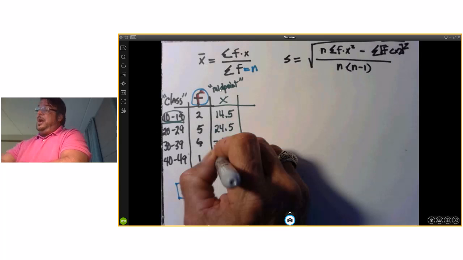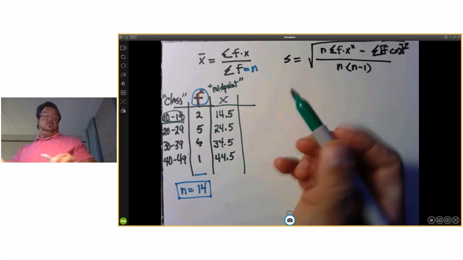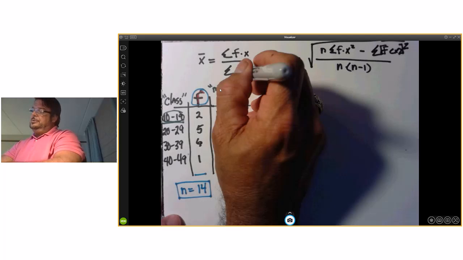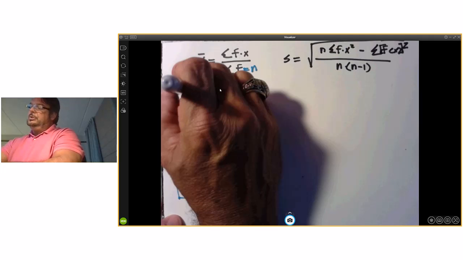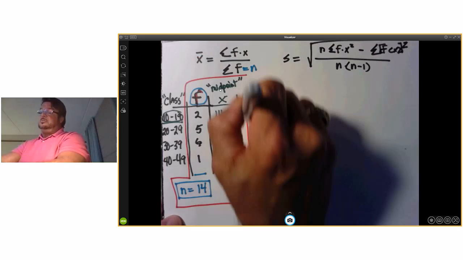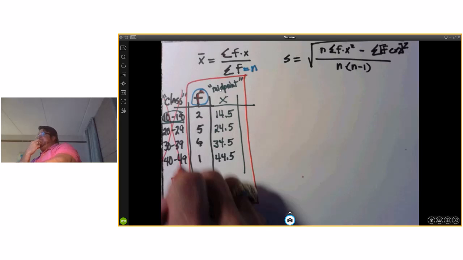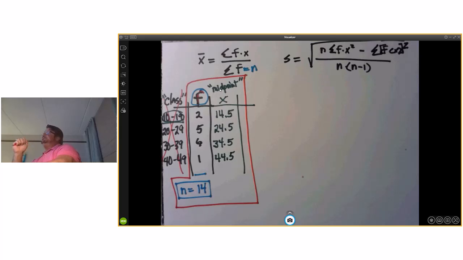So now we have all we need. So I'm going to take my red marker. We have what we need now to do this problem. So we don't care about this anymore. We got everything we need to do this problem. So what do we need to do first? Well, we need to do the mean.